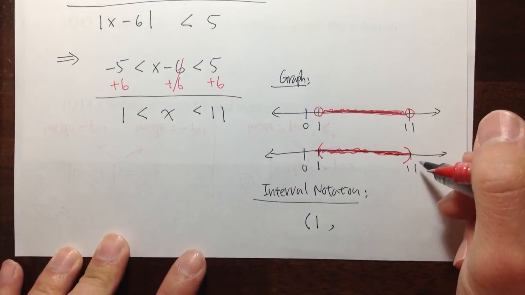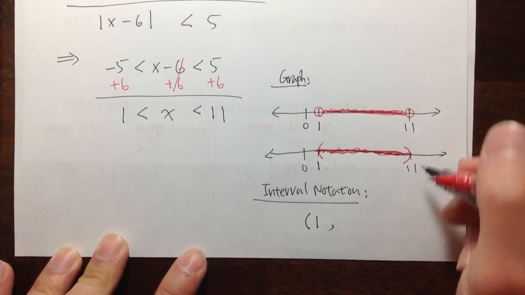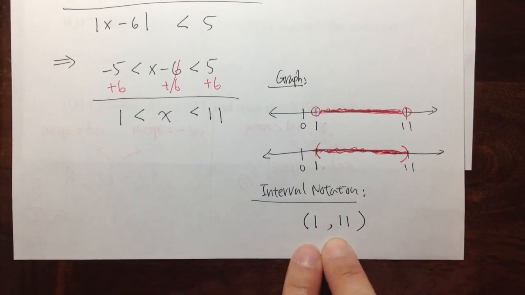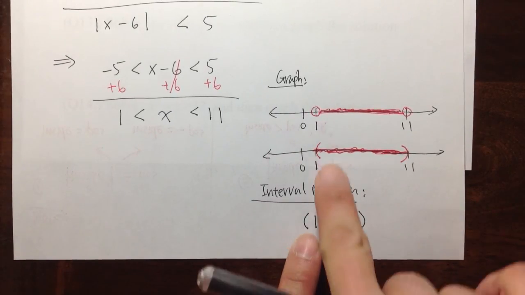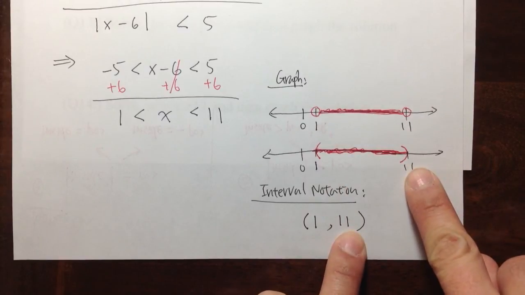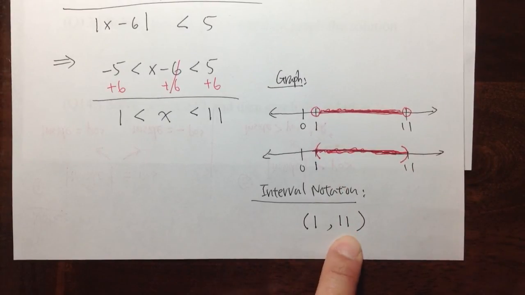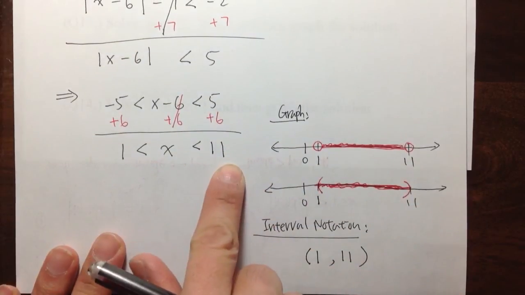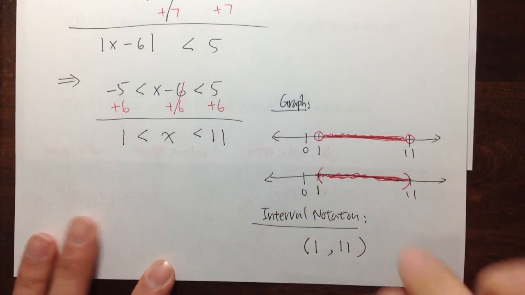The right end point, where I'm going to stop, is 11. So this means x is any number in between 1 and 11. And the 1 and 11 are not included in the interval in the solution set. Okay? So this is the inequality, this is the graph, and this is the interval notation.